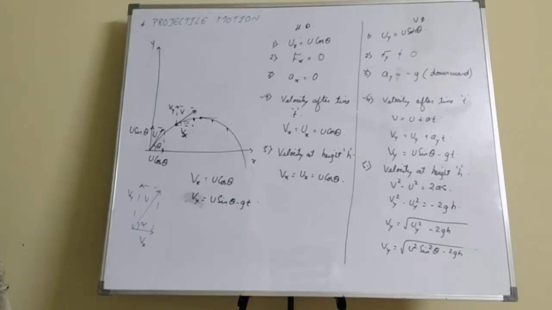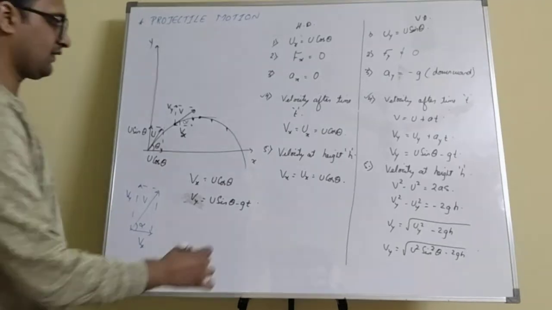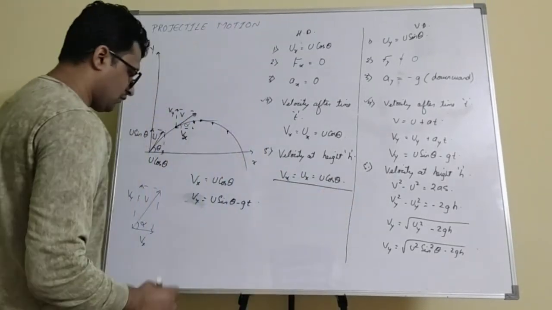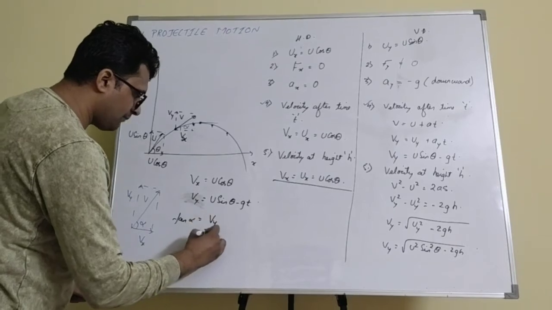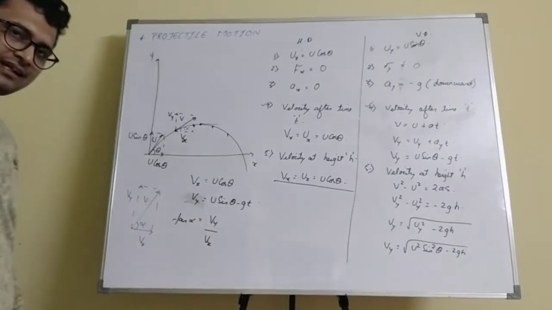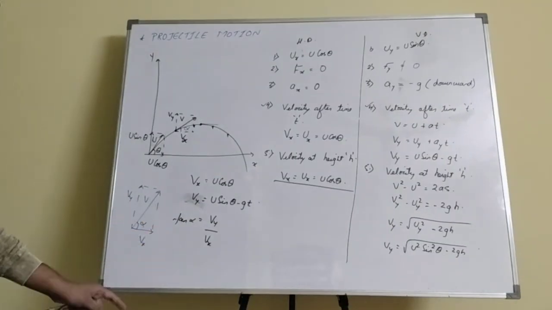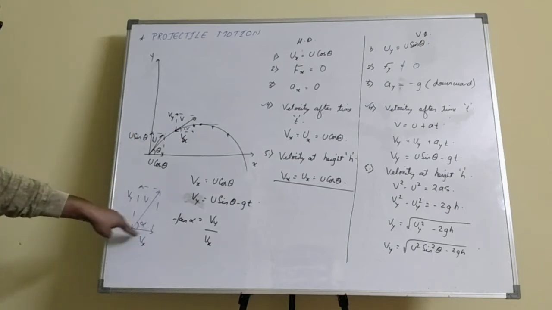Clear? Okay. Now if they are asking what is alpha, or what is the angle made by this projectile after time t, you can say that tan alpha equals vy by vx. Yes, tan theta equals perpendicular divided by base.